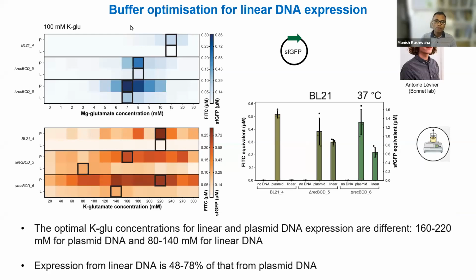What he did was he took linear and plasmid DNA, and then he did buffer optimization like we normally do. We first optimize Mg glutamate concentrations. And when he did that, he found that for the wild type extract, the linear DNA was very quickly degraded, so he didn't get a lot of expression.